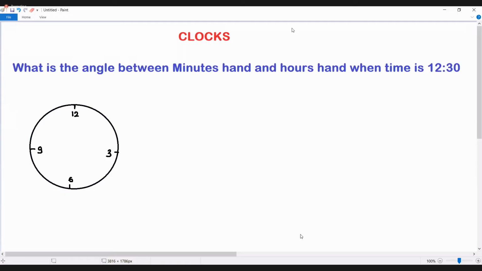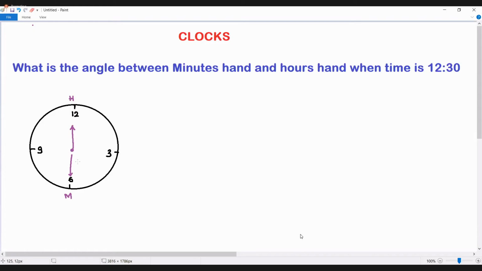We all know the basics of how to read a watch. 12:30 means the hour hand will be pointing towards 12, and the minute hand will be pointing towards 6. This is the 12 o'clock 30 minutes position.